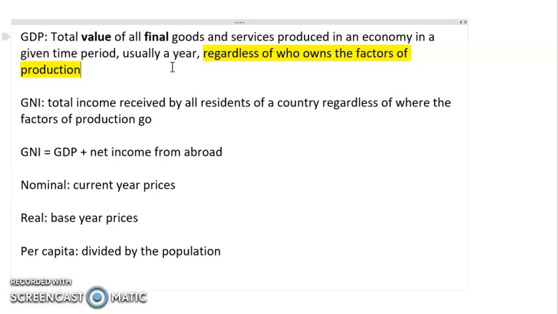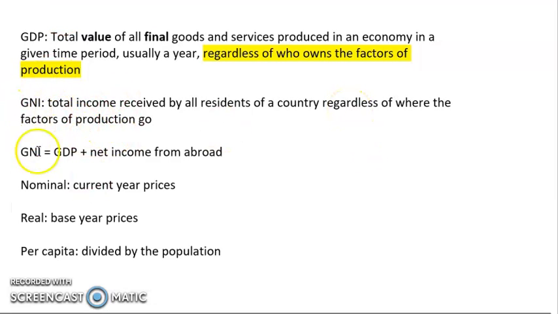It just cares about how much is produced. It could be someone from Jamaica who comes to give the enterprise, where they actually start a firm. It doesn't matter. It will still count as US GDP, even though the person who gave the factors of production is not a resident of the US. So those are the important parts of GDP.